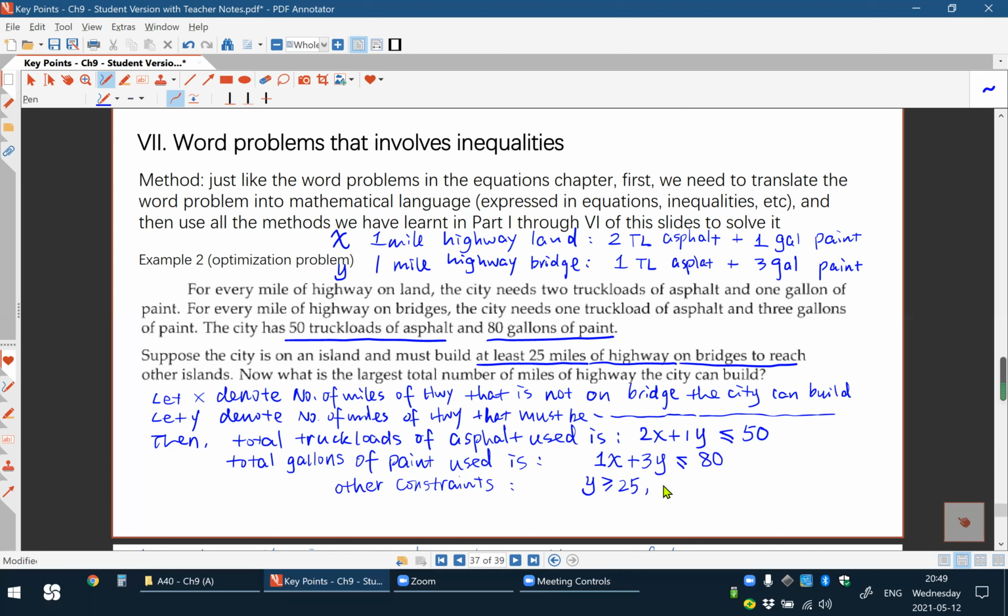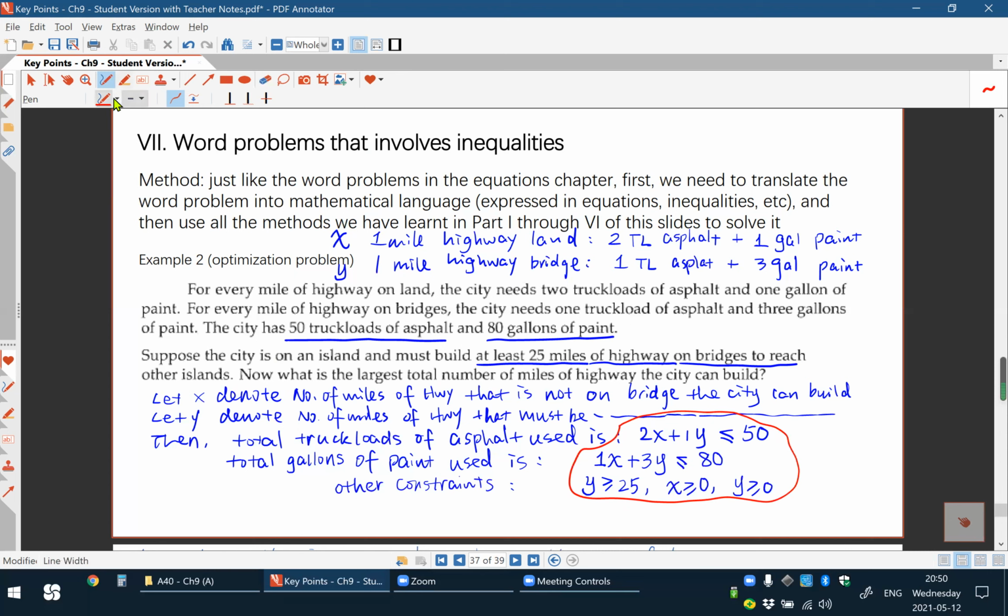And also because x and y denote the miles of highway that is built, both x and y should be equal to or above 0, right? Do you understand? So these are all the constraints in response to this problem.